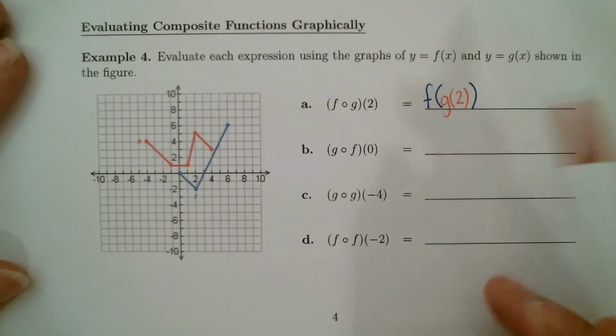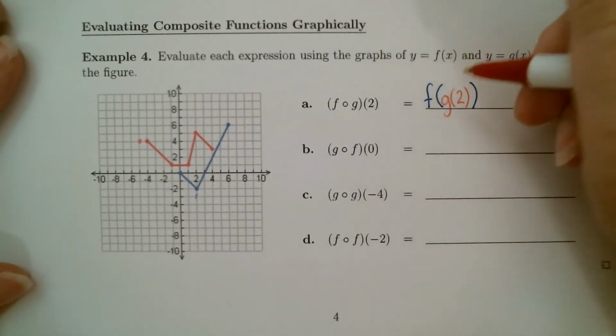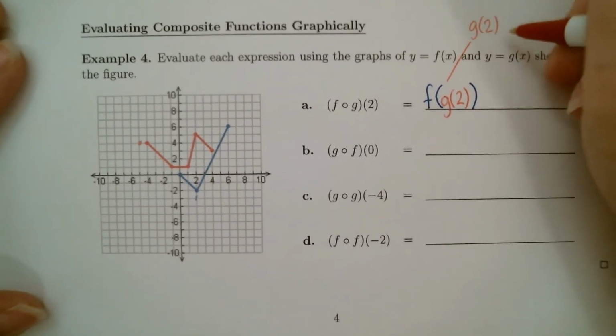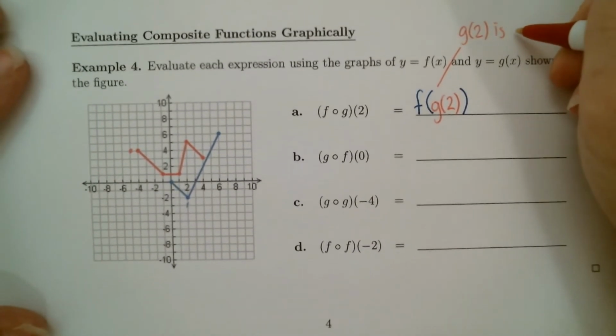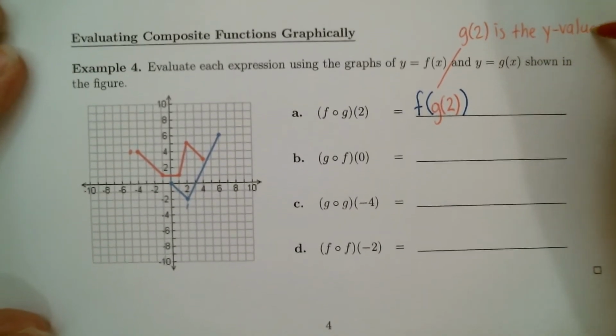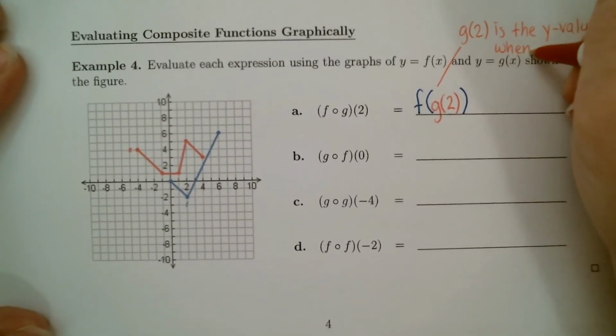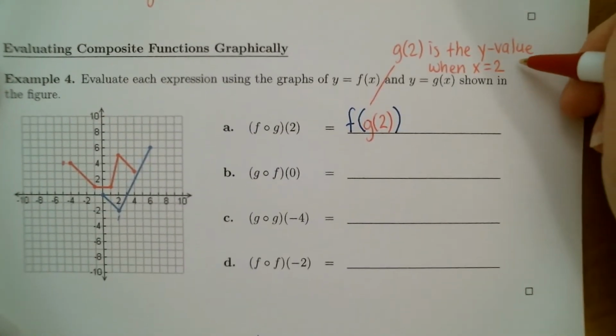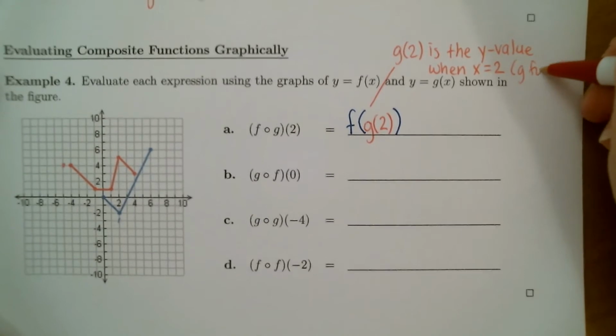Remember, and I'll write out to the side here just for this first one, g of 2 is the y value when x equals 2. And that is for the g function.